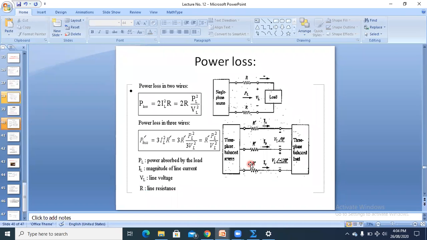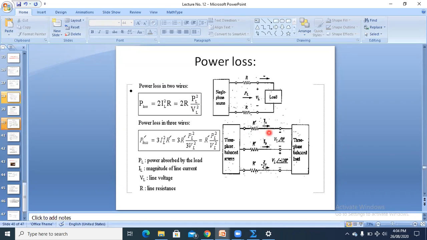So how can we calculate the power loss in a 2-wire system and in a 3-wire system? The power loss in a 2-wire system is 2 I line square R. If we substitute the value of IL in terms of power and voltage, we have 2R PL square over V line square.